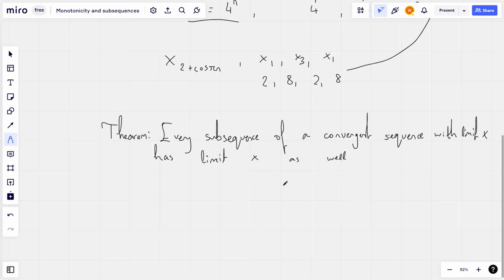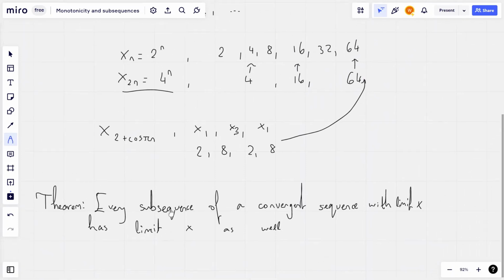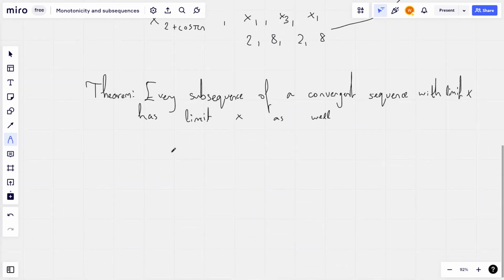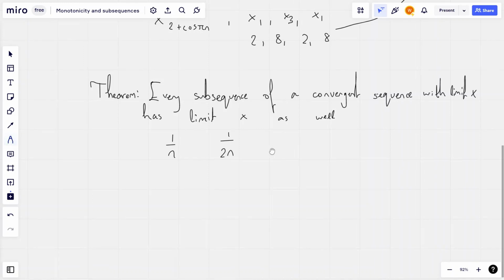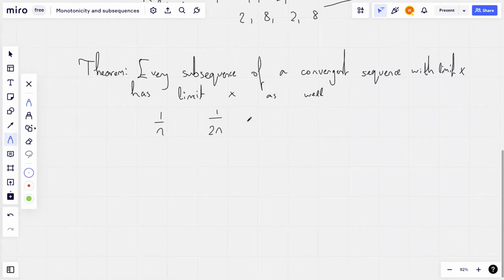And it's kind of what you'd expect, since, well, suppose we have a convergent sequence such as 1 over n. If we have some subsequence like 1 over 2n, we expect it to go to the same thing as we go really, really big, as long as there's a value it tends to, for the reason that we'll carry on sharing the values. So it won't suddenly spike up to a different value. It will be around the same point, even though they're not taking the exact same values for every index.